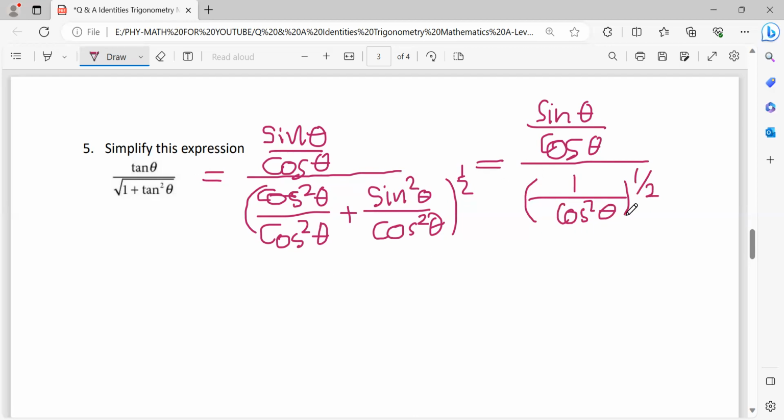The numerator is still 1, and cos theta squared equals cos theta because of the power half.